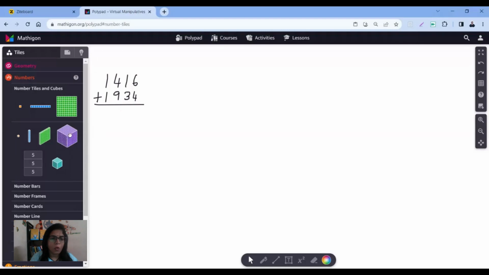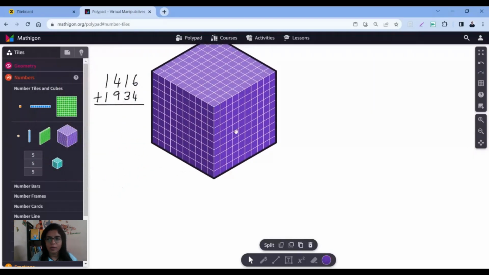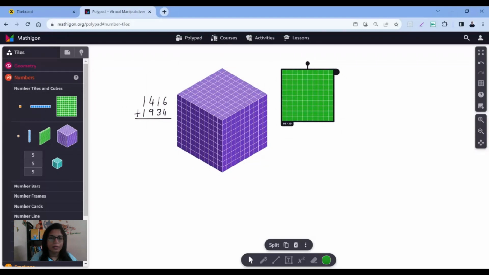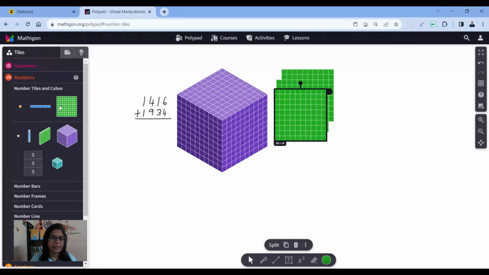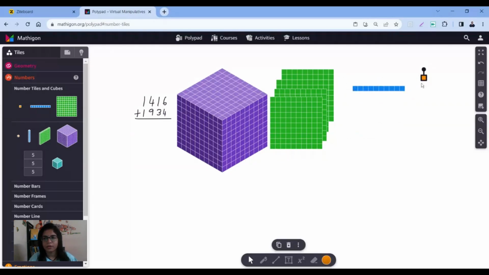We know that 1000 means it is this, right? And 400 means it is 4 like this, isn't it? Okay. Then 16 means this is one 10 and then 6 of this, right?